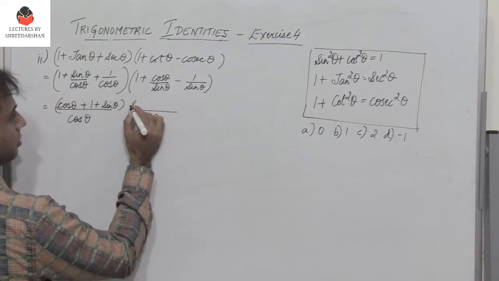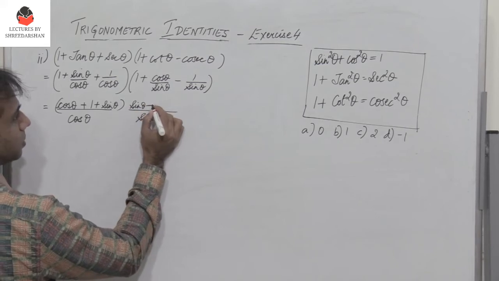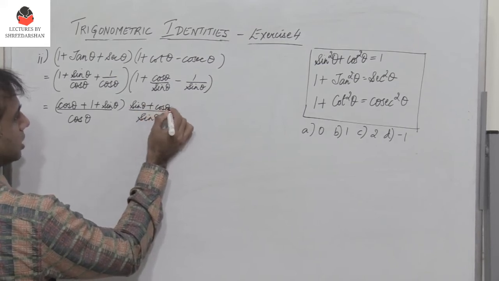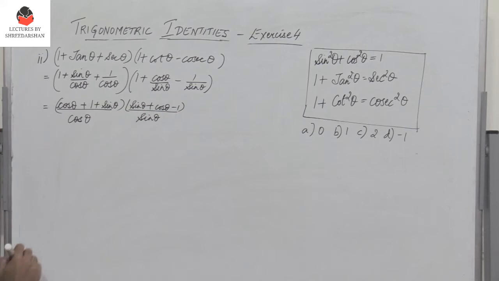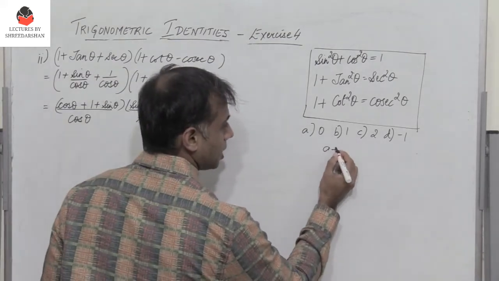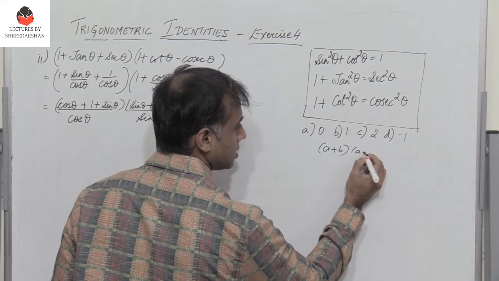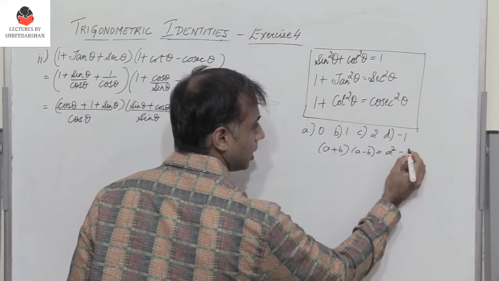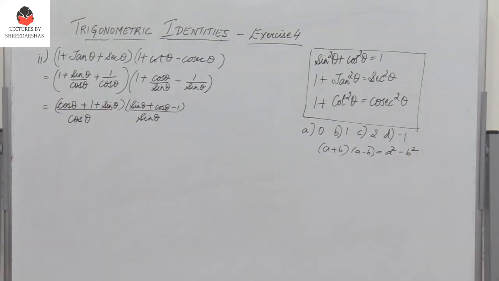If I take the LCM, I get sine theta plus cos theta minus 1. Okay, so this is of the form a plus b into a minus b, right? So a plus b into a minus b is nothing but a square minus b square. Now what is a? A is sine theta plus cos theta.